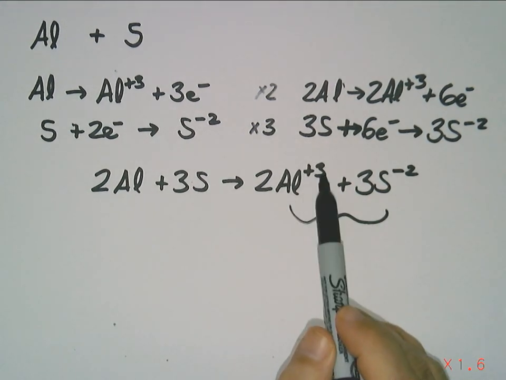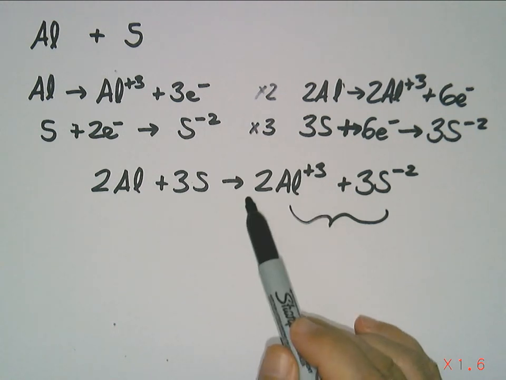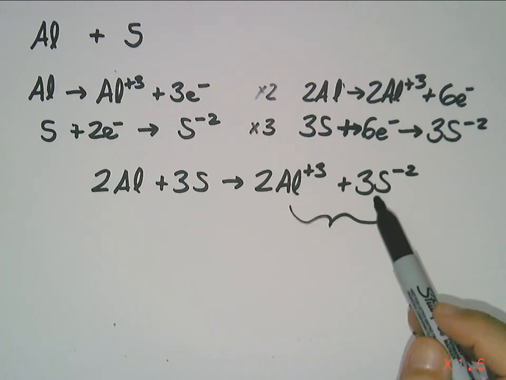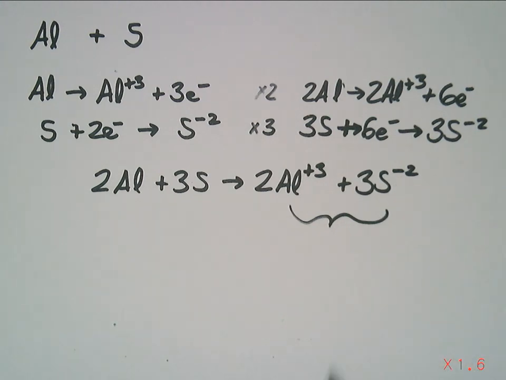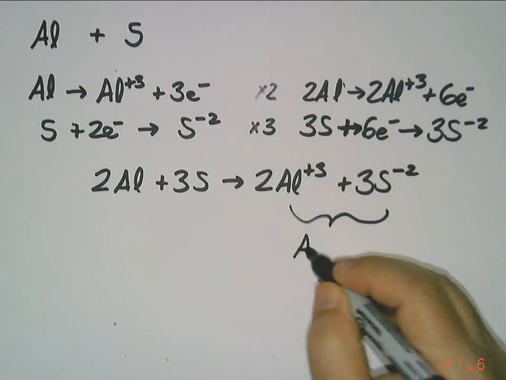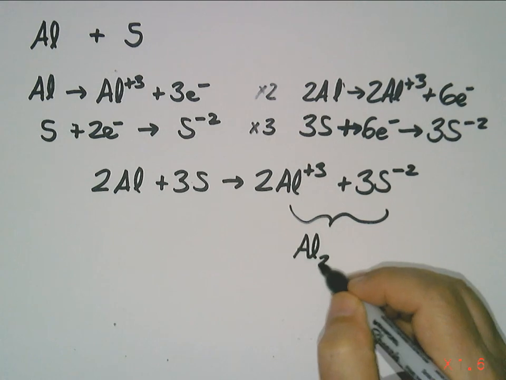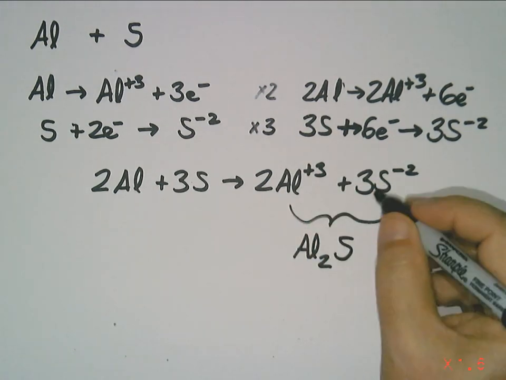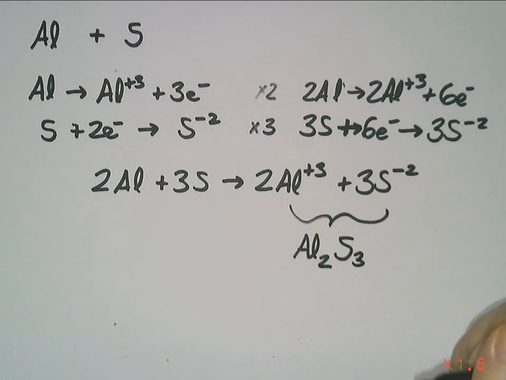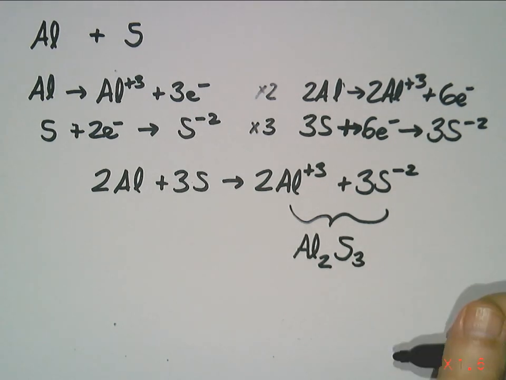I have a total +6 charge here, 2 times +3, and I have a total -6 charge here, 3 times -2. So when I bring them together, I'm going to get Al2, because there's 2 of these, S3. That's the formula for aluminum sulfide.